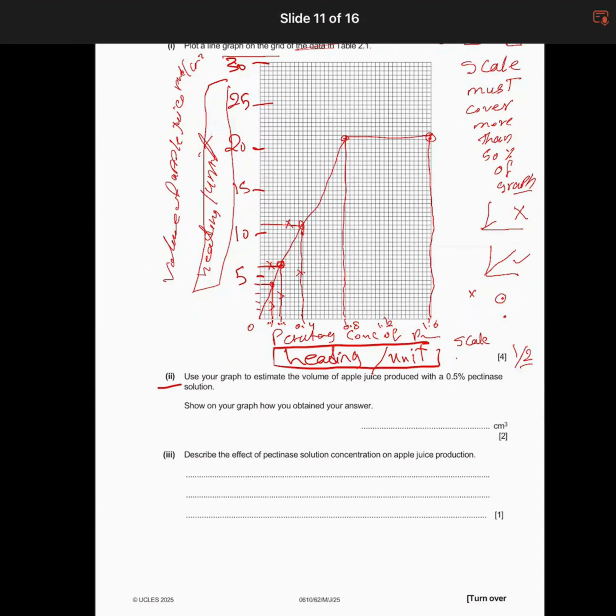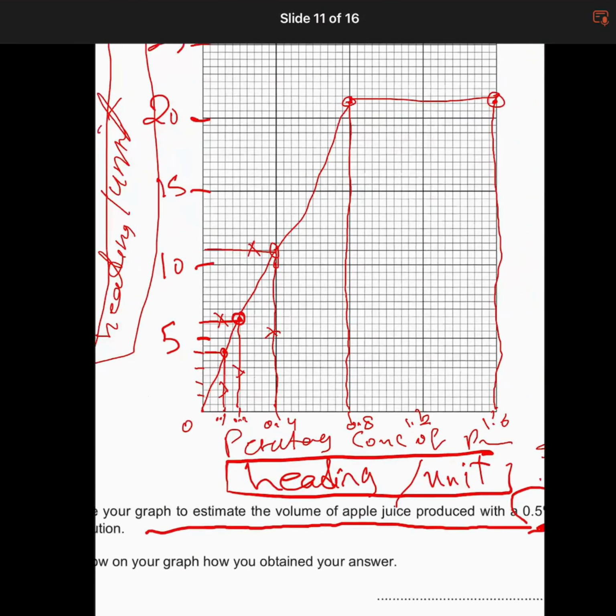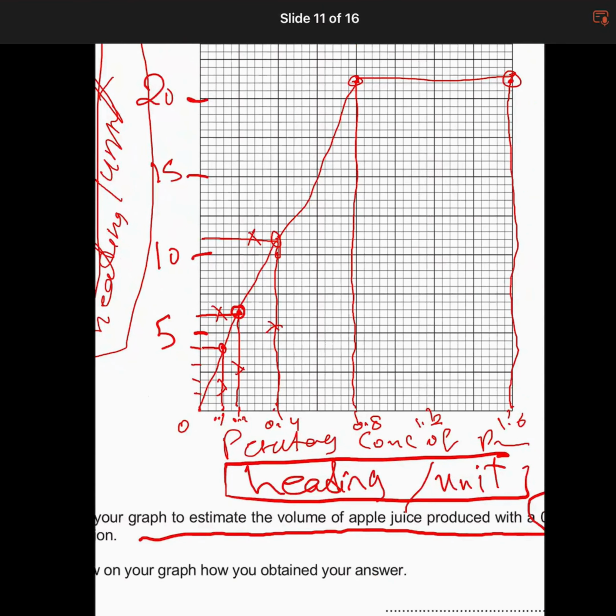Use your graph to estimate the volume of apple juice produced when 0.5% pectinase solution. 0.5. Where is 0.5? This is 0.8, right? 0.4. Let's say that 0.5 is nearly 0.5, 0.6, 0.7, 0.8.